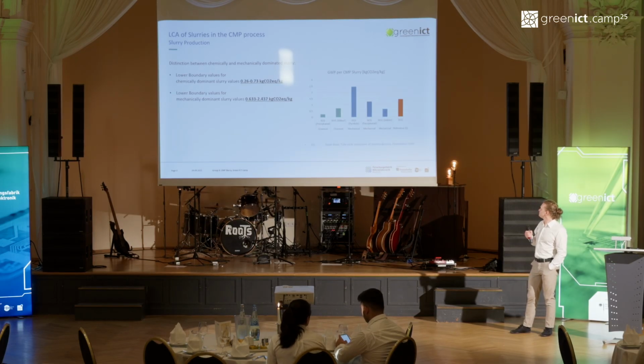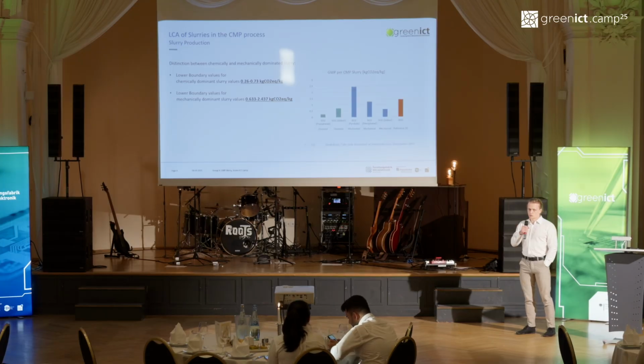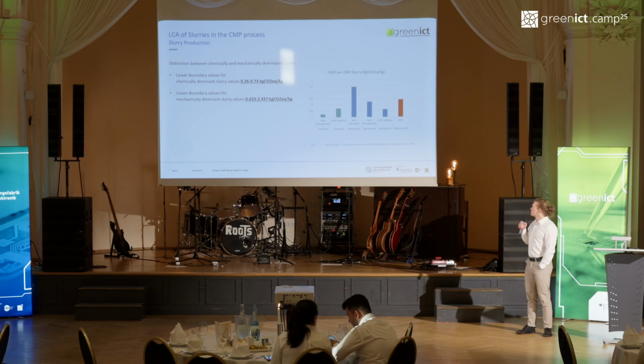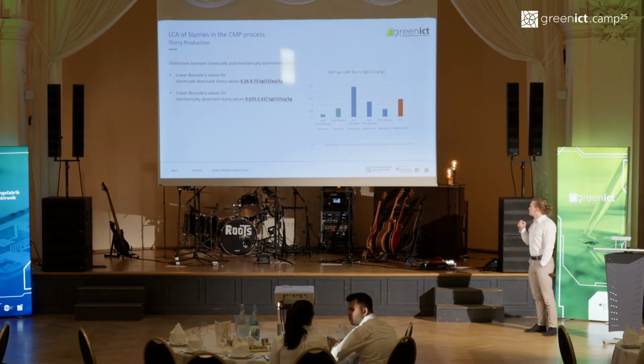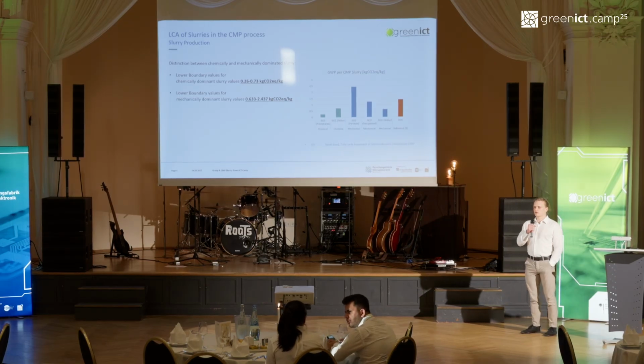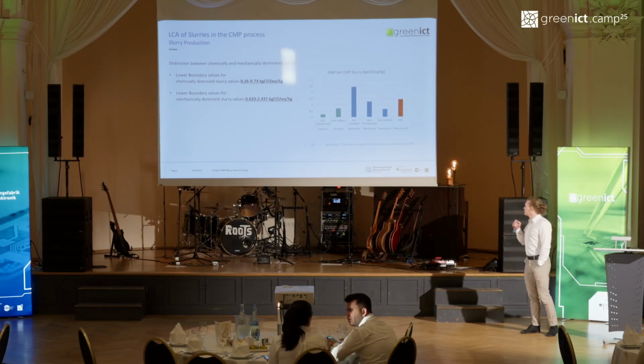Next slide, please. But this is not everything that goes into a slurry. We additionally need chemicals and water. If we account for those inputs as well, we can see the amount of CO2 equivalent per kilogram of slurry in the plot on the right side.